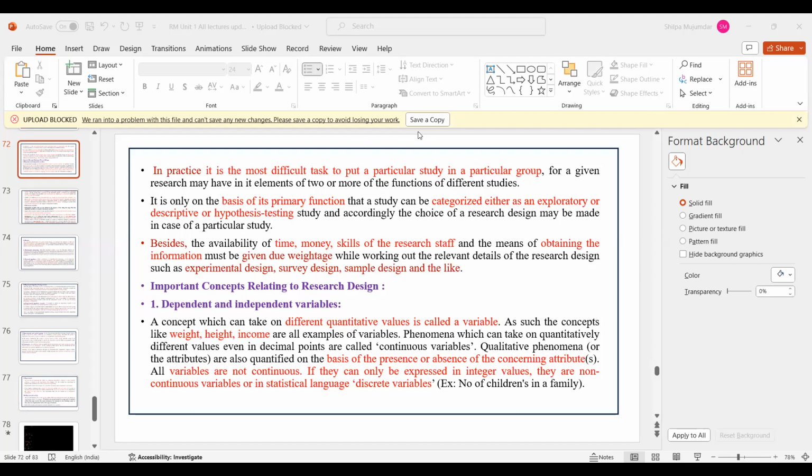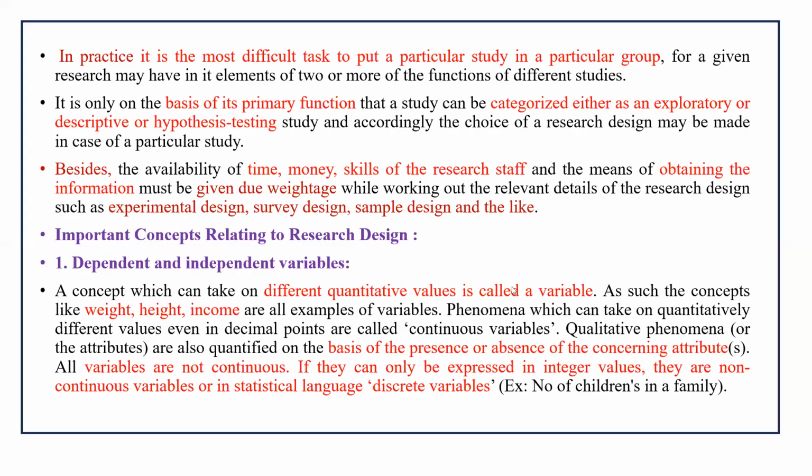We are going to start with the next part. We were somewhere in between the important concepts related to research design, and we have seen that there are dependent variables and independent variables.